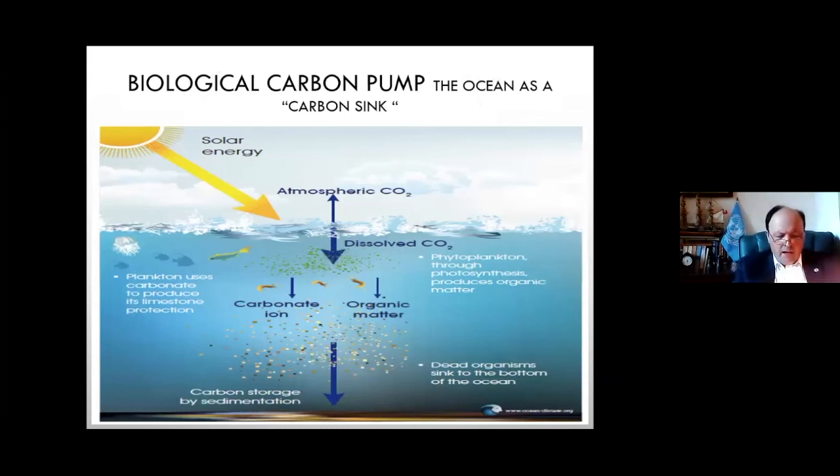So here we come now to what is known as the biological carbon pump, the ocean as a carbon sink. And it's exactly the process that I have explained: atmospheric CO2 is dissolved into the oceans, captured by phytoplankton, all the types that I have already mentioned, and they transform that into organic matter.